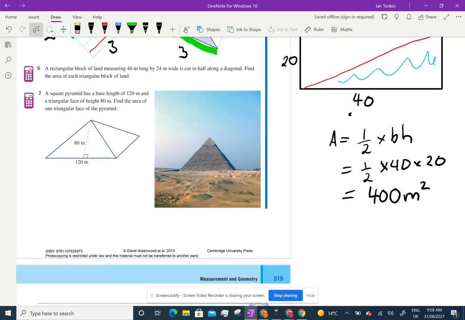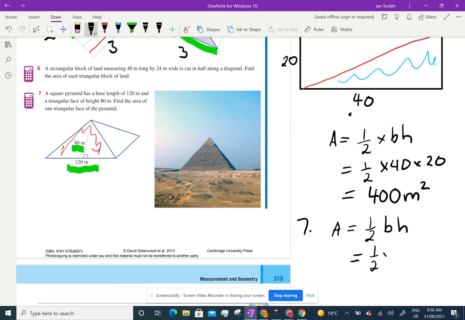This one, 7, you have a go at it, but it's a pyramid, and it says find the area of the face of the pyramid. So all this area in here, well, you've got a base of 120 and a height of 80. So for question 7, you have a go at it. Stop the video and then come back. Well, if you've come back and you're checking now, area is a half the base times the height.